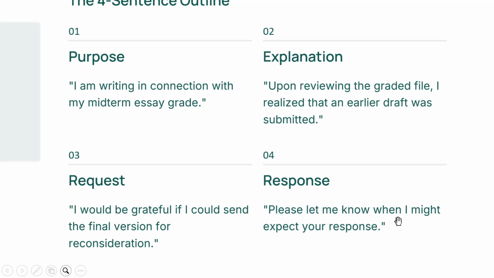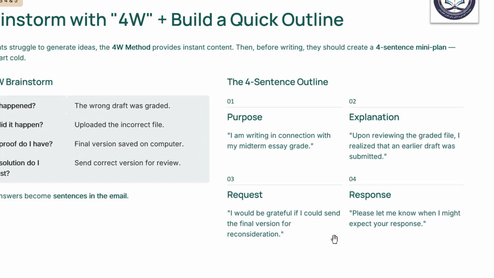Please let me know when I might expect your response. So it is an outline. We can add other details regarding the bullet points given in the prompt. We can add, we can delete, we can bring changes based on the prompt.